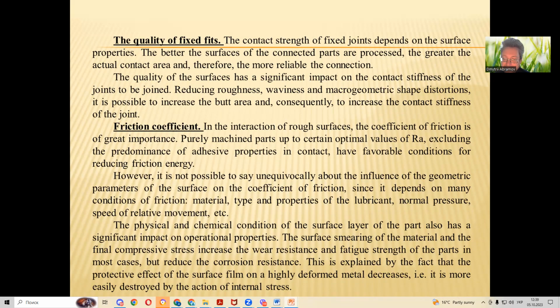This is explained by the fact that the protective effect of the surface film on a highly deformed metal decreases. It is more easily destroyed by the action of internal stress.